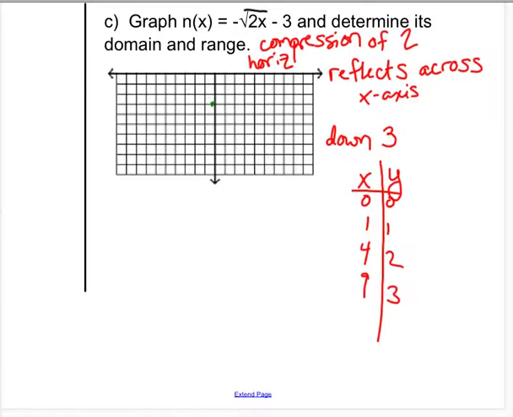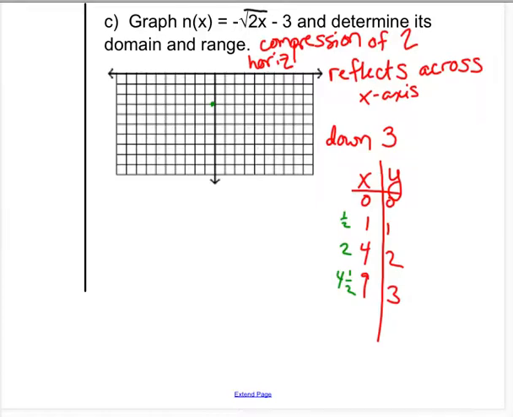Alright, so now my second ordered pair, it's a horizontal compression of 2, which means I'm shrinking it. So I'm multiplying my x values, which remember I'm now thinking about as direction, by half. So I multiply all of my x values by half because I'm compressing it horizontally.